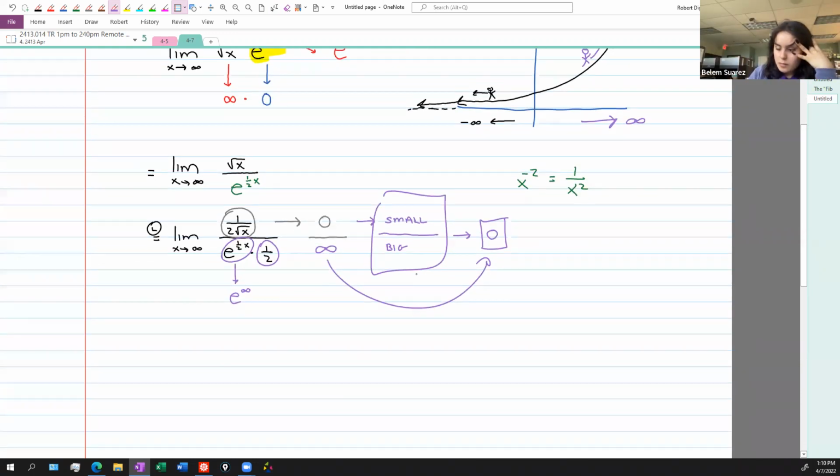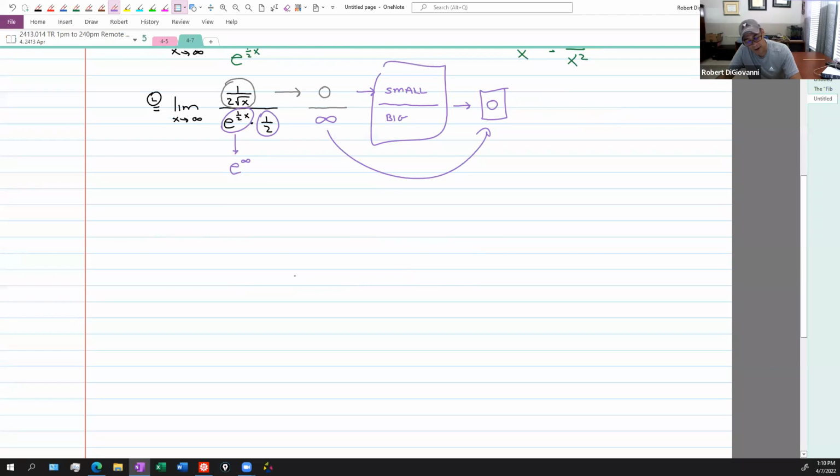By the way, while we're talking about it, if it was the other way around, if you had the top headed to infinity and the bottom headed to 0, this would still not be an indeterminate form. We can tell what's happening here because now the top is getting big, right? So imagine a number that's getting bigger and bigger and bigger, and then you're going to divide it by a small number. Anytime you divide a big number by a small number, it gets bigger.